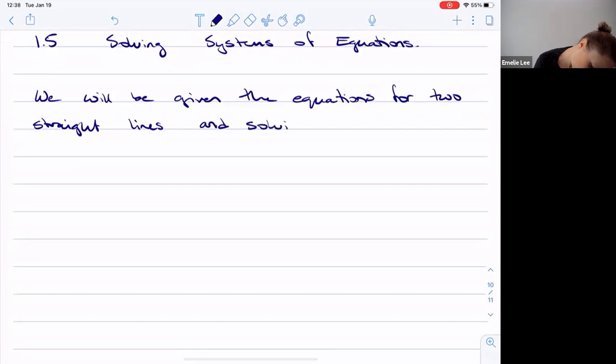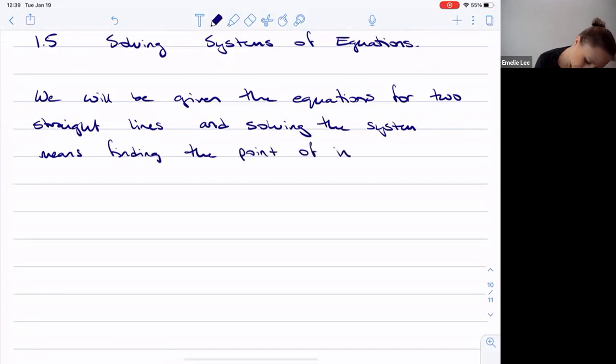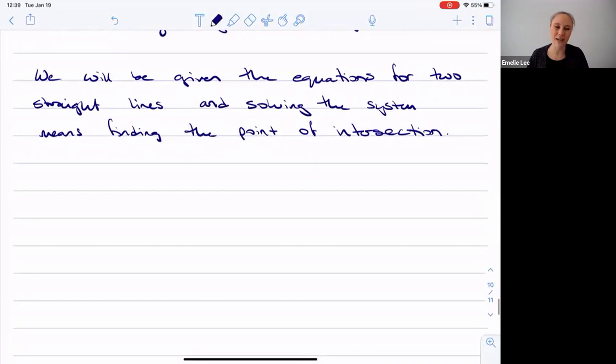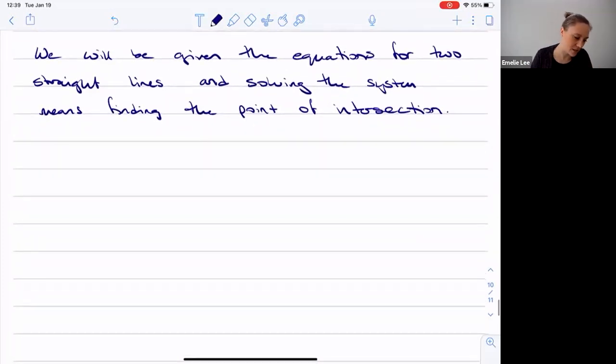And solving the system means finding the point of intersection. Right. That's as far as we'll go in this course. You can incorporate more than two variables. But for now, for us, we're just going to keep it to two variables.